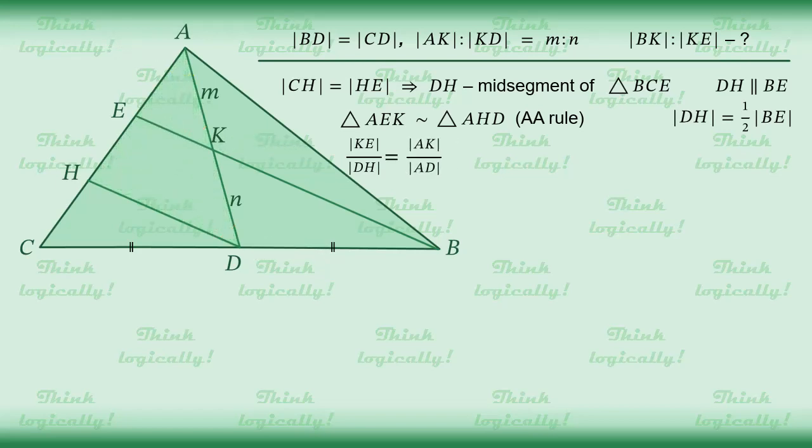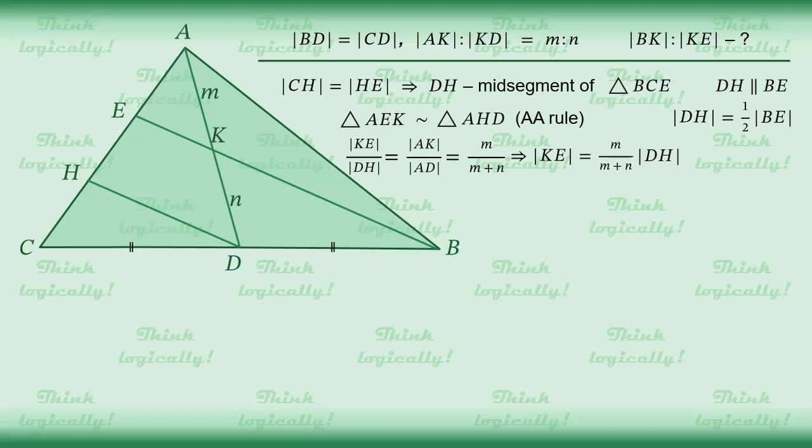Note that the length of AK is M units, while the length of AD is M plus N units. Therefore, the ratio AK to AD is M over M plus N. This allows us to express the length of KE in terms of the length of DH.